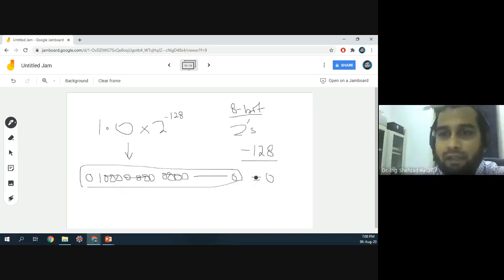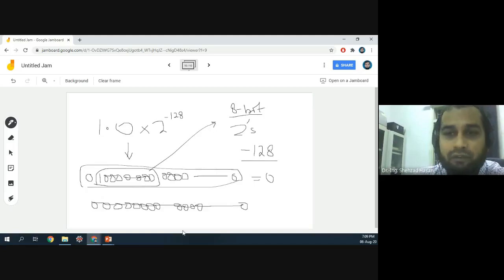So what they decided in the standard was that 0 should have a representation with all zeros, without any 1. Everything is fine except this single 1, and this 1 is there because we are using the 2's complement representation. So if we need zeros instead of this 1, then minus 128 should be stored as all zeros.